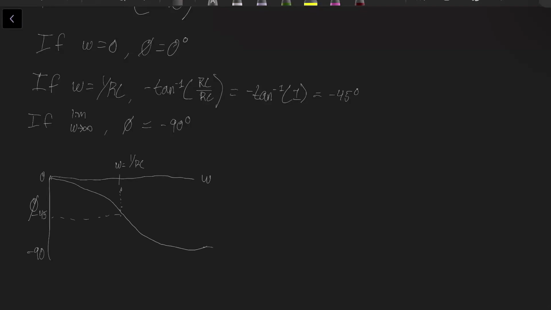It's going to go to -90, right? I drew that kind of poorly, but you get the gist. It's going to start at 0, curve down through -45 at 1 over RC, and go to -90 as omega increases. These 3 points give us enough to approximate it. If you were doing this in a real engineering situation, you would want to plot more points to get a more accurate curve, but this is good enough for our sake.